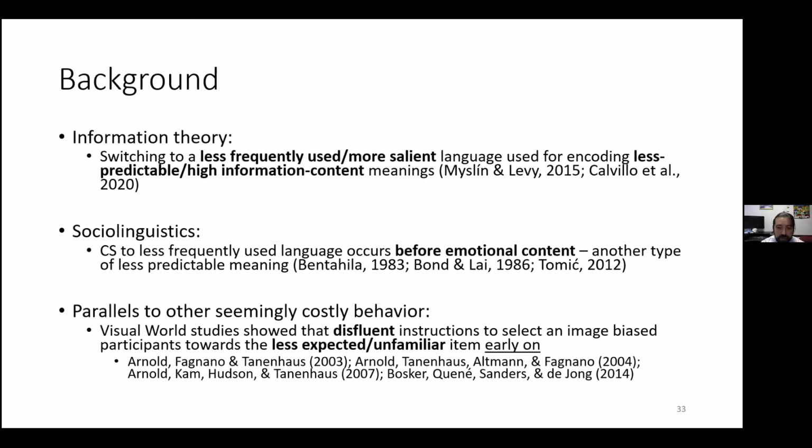So I'm just going to show a quick example, but essentially the takeaway is that at least in monolingual speakers hearing monolingual speech, disfluent instructions lead to expecting less expected or unfamiliar items earlier on. So in other words, the disfluency is actually signaling something that's upcoming.